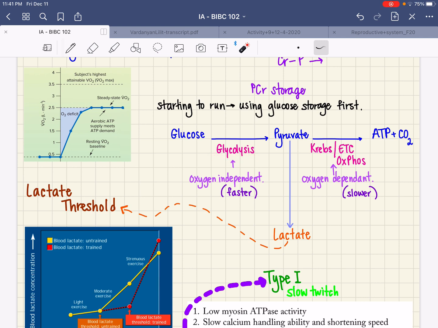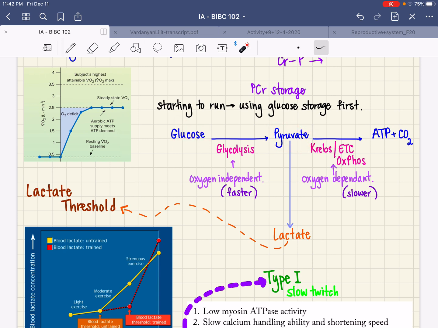However, we need oxygen to be able to do Krebs, ETC, and oxidative phosphorylation. This means that the breakdown of glucose through glycolysis is much faster, right? I can get up and start running, and I will be doing a lot of glycolysis, and I'll be breaking this glucose down, and I'll make a lot of pyruvate.